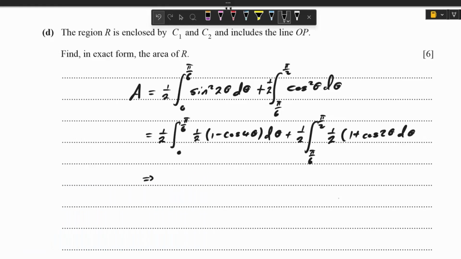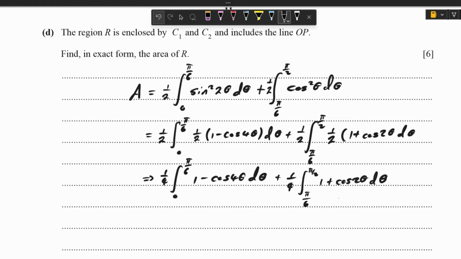So essentially we have a quarter of the integral from 0 to pi over 6 of 1 minus cos 4 theta with respect to theta, plus a quarter of the integral from pi over 6 to pi over 2 of 1 plus cos 2 theta with respect to theta.